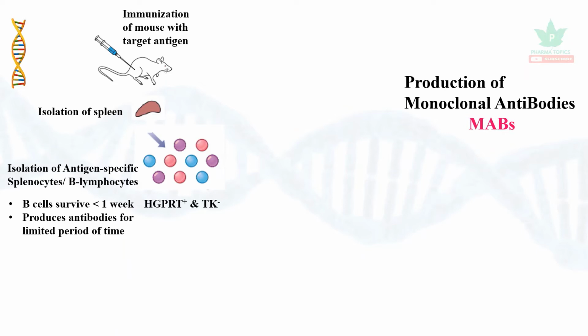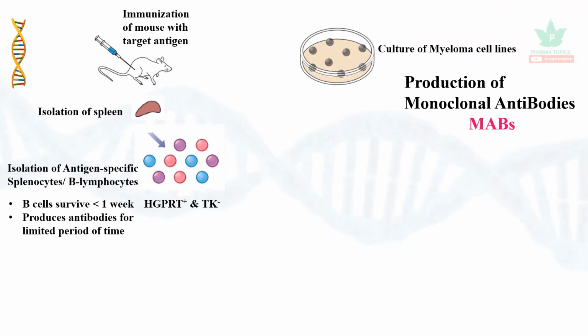So these splenocytes or B lymphocytes are made thymidine kinase mutant, whereas they contain the hypoxanthine phosphoribosyl transferase gene. The mortality of B lymphocytes is overcome with the use of myeloma cell lines. The myeloma cell lines are immortal in nature.